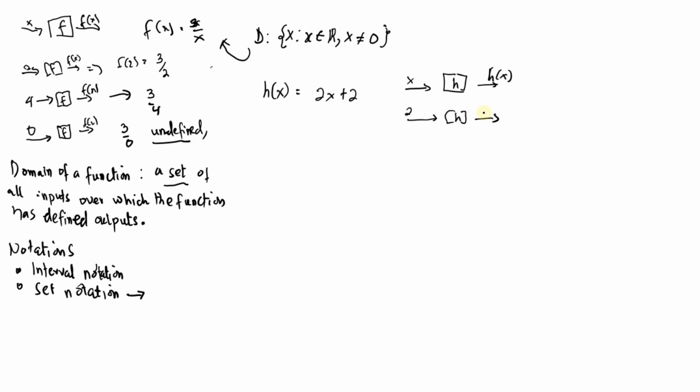If you put this inside, you get, let's say 6. If you put 3 inside, you get 8. Anytime you put something inside this function, you get a result. Even if you put 0 inside, you get 2. So if you put all the real numbers inside this function, you get something which is defined.